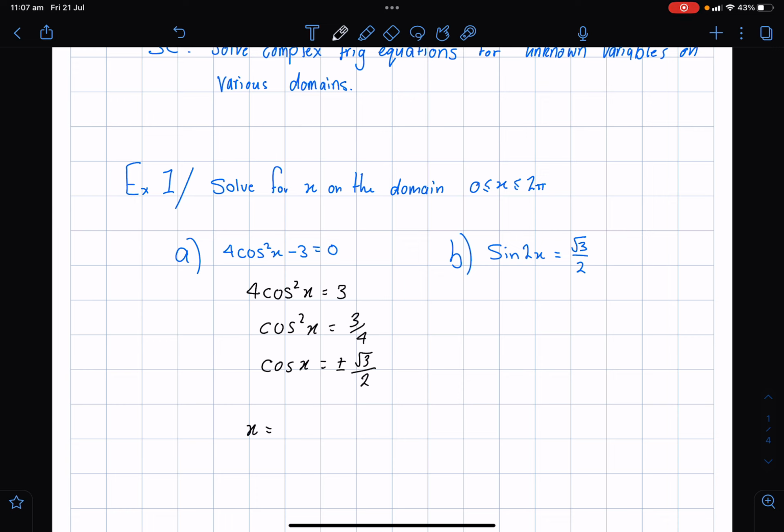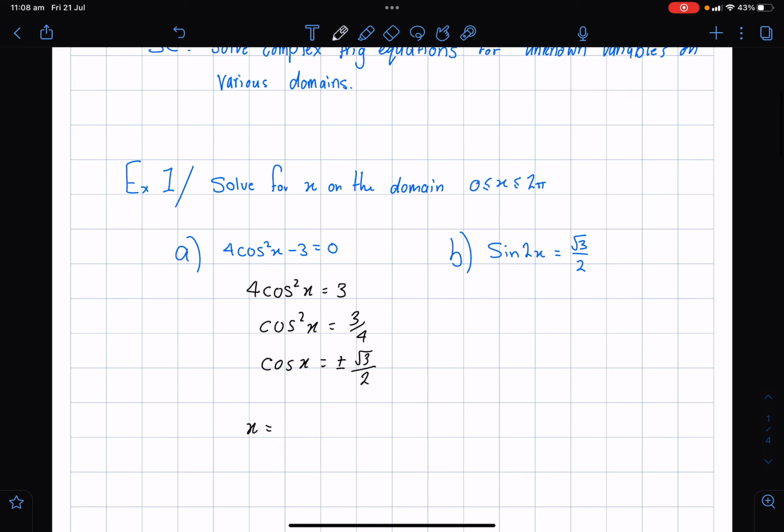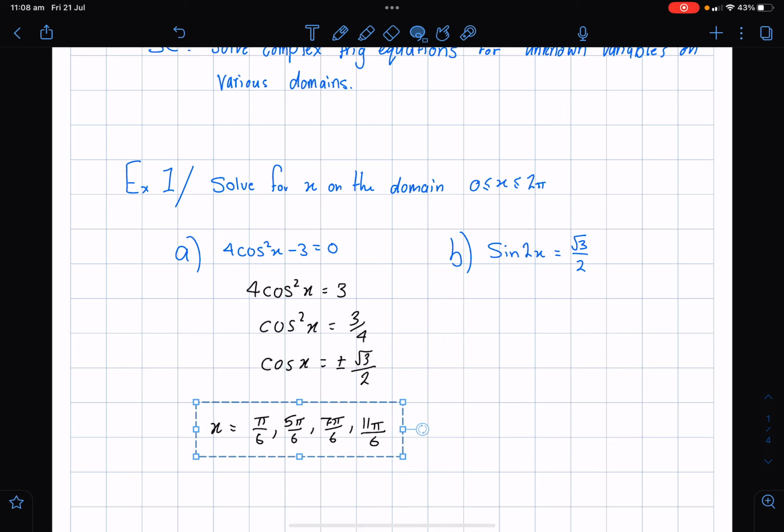So we're finding the angle and we're looking on our unit circle for angles that give a cosine, or an x coordinate, of √3 on 2 plus or minus. So I've got pi on 6, 5 pi on 6, 7 pi on 6, and 11 pi on 6. Now, all 4 of these angles will give me plus or minus √3 on 2 in our unit circle.